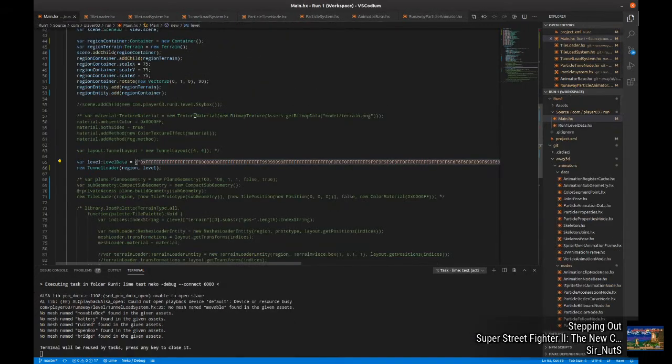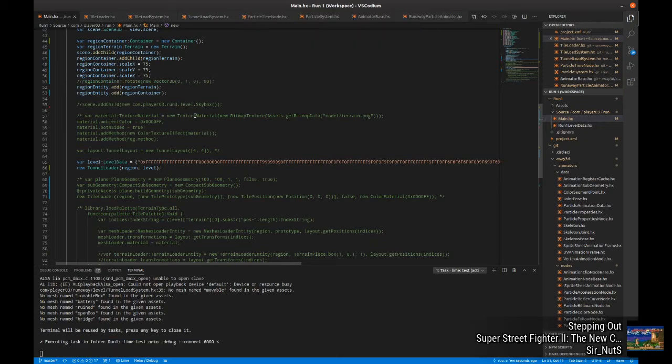And now let's go look at that from straight on.